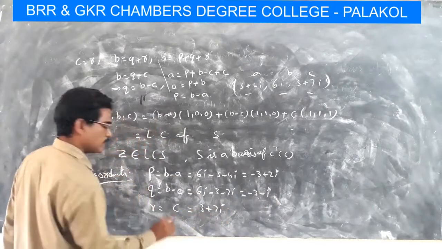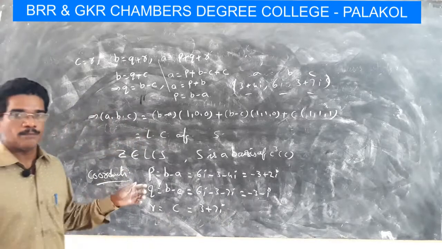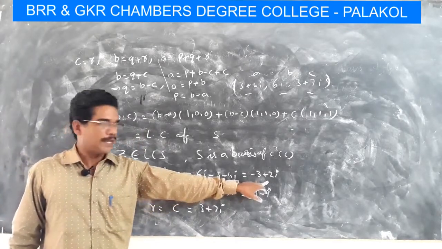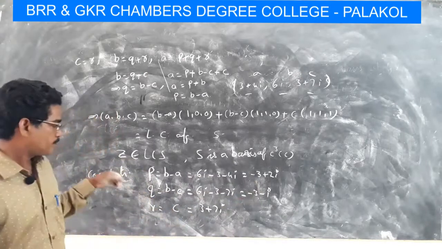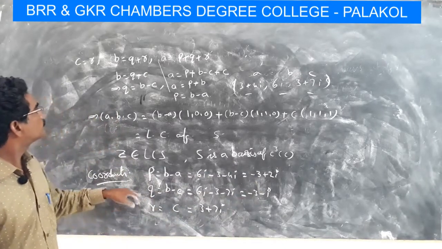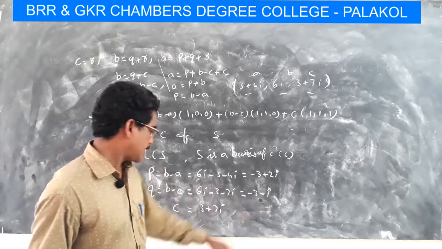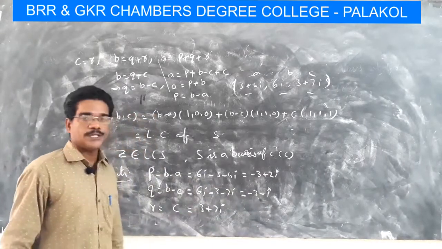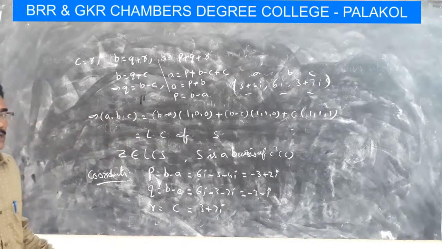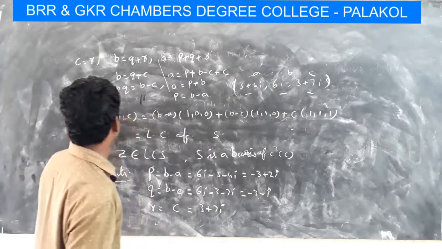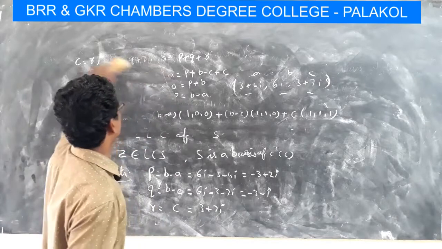So P equal to minus 3 plus 2i, Q equal to minus 3 minus i, and R equal to 3 plus 7i, which are the coordinates of the given vector. Hence the problem is solved.